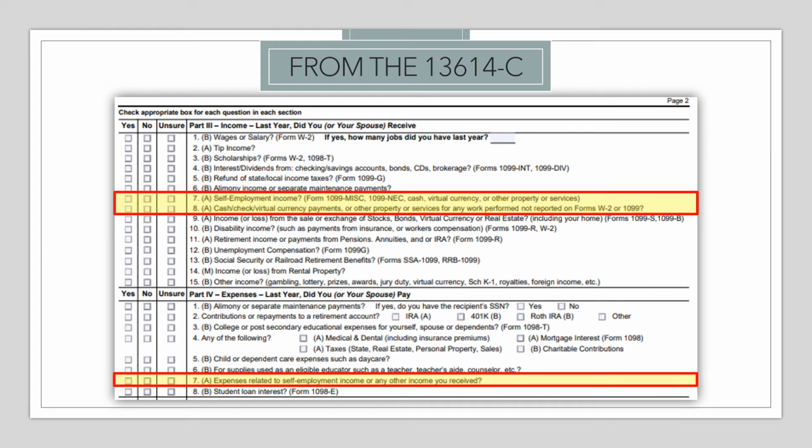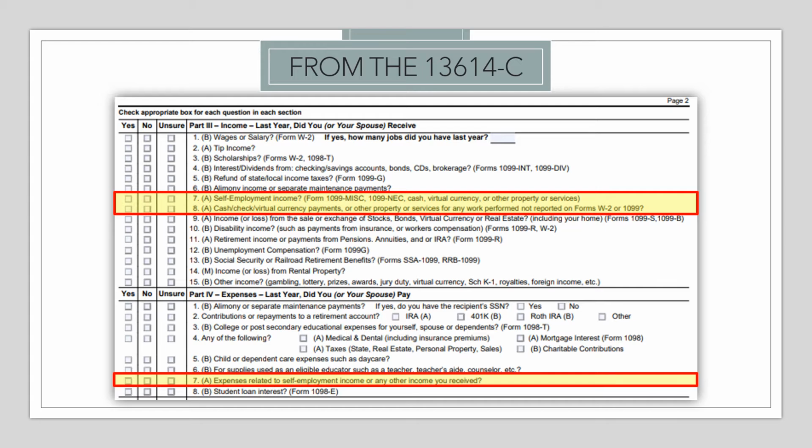So we need to know how to recognize these clients that come in as self-employed individuals. And the first place that we're going to look is our intake and interview form, Form 13614-C. Under the income section, we have questions 7 and 8. Question 7 is for self-employment income. It lists a few forms.